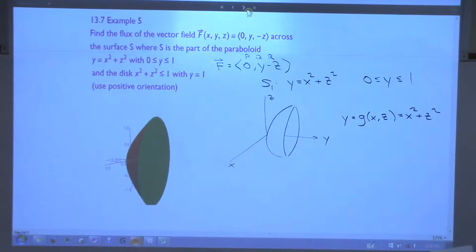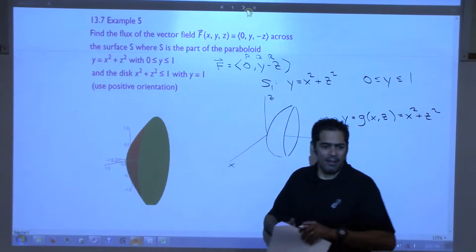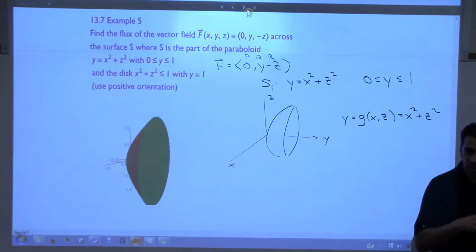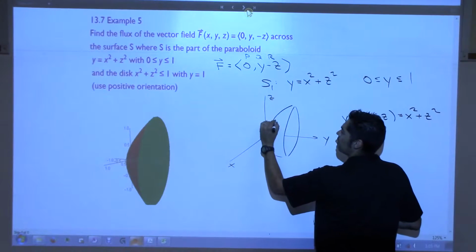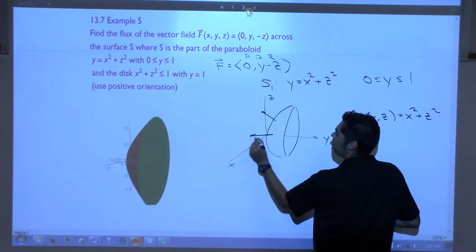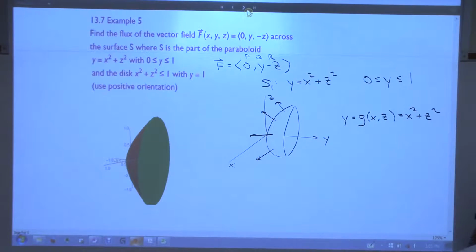So we want our normals in positive orientation, which means out away from the solid that they enclose. If it does enclose the solid, positive orientation is outward, right? So the normal vectors that I want are the ones that would be coming out of this surface like this, right? Those are the normals I want to use.